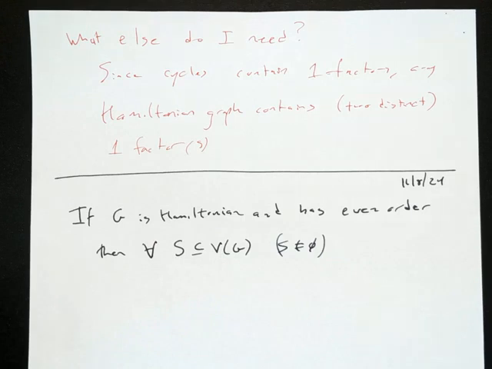I pull away this set. Assuming not all of the vertices, I'm left with some components.